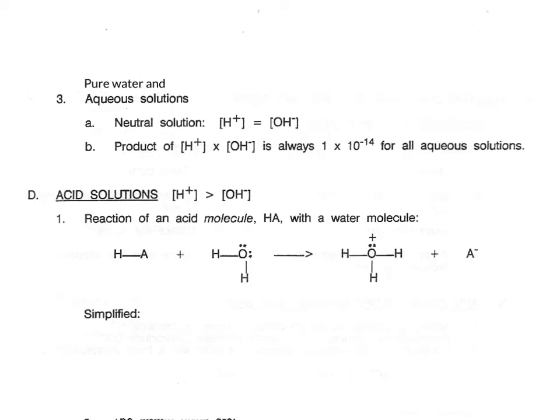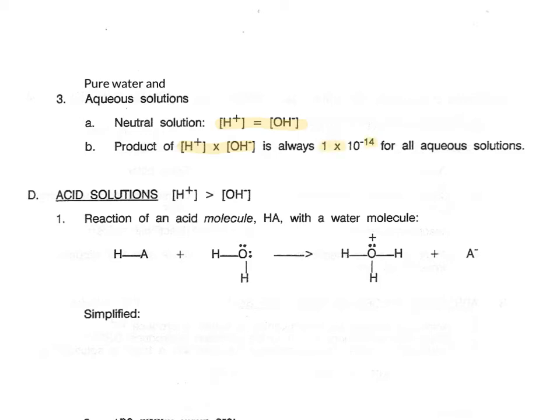Before I move into the acids, let's remind you about pure water and aqueous solutions. We know that in both pure water and in any neutral solution, that means something like salt or a covalent compound dissolved in water, the hydrogen ion is equal to the hydroxide ion, and the hydrogen ion concentration times the hydroxide ion concentration will always be 10 to the negative 14.